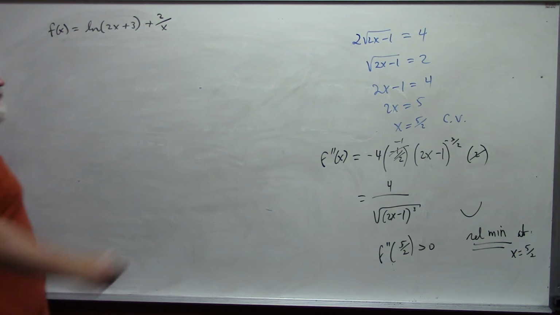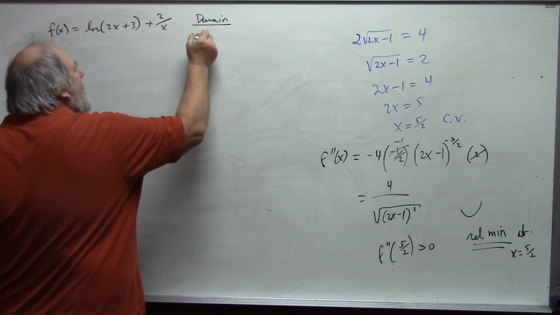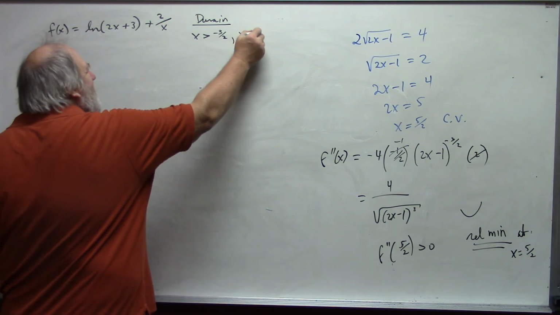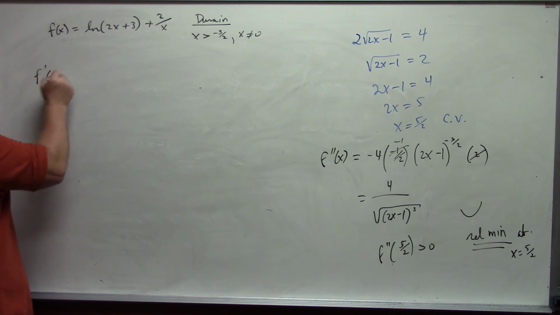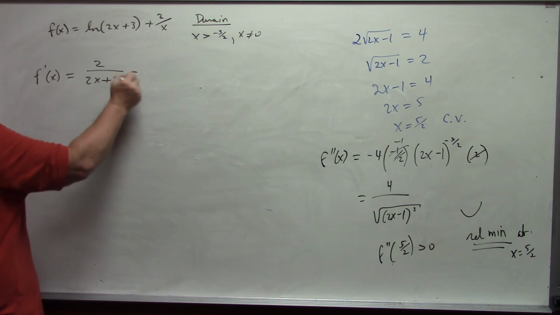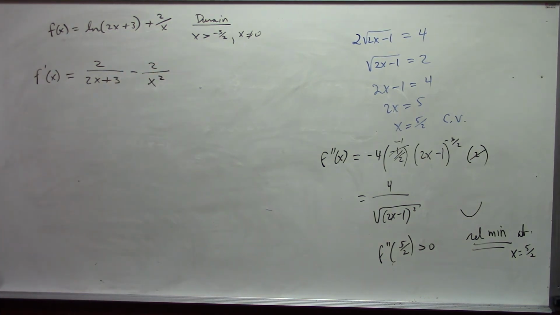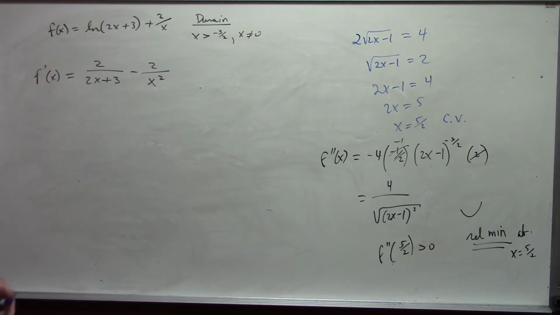The domain in this case, x is greater than negative 3 halves, x not equal to 0. For the two pieces of this, my derivative, 2 over 2x plus 3 minus 2 over x squared. The derivative doesn't exist at negative 3 halves and 0, but they aren't in the domain, so we don't have to worry about them.